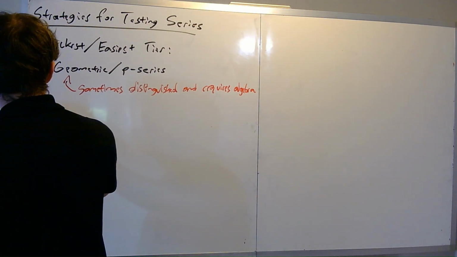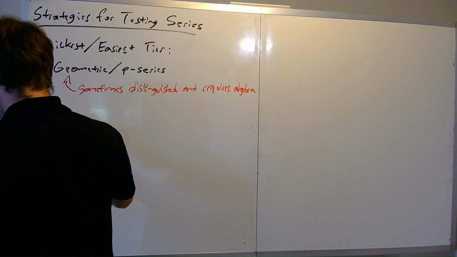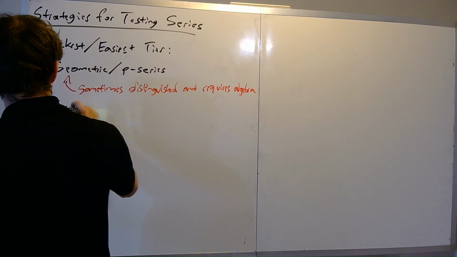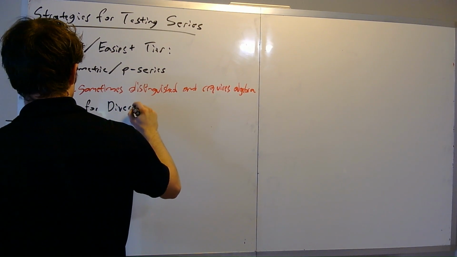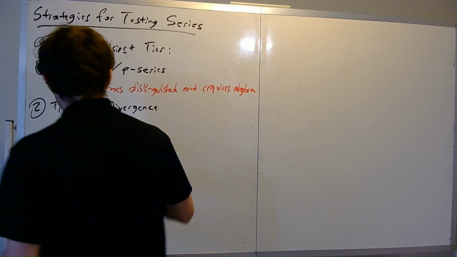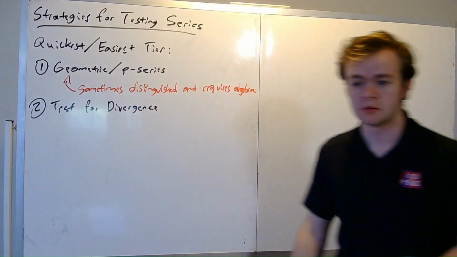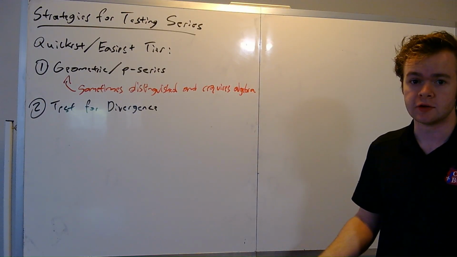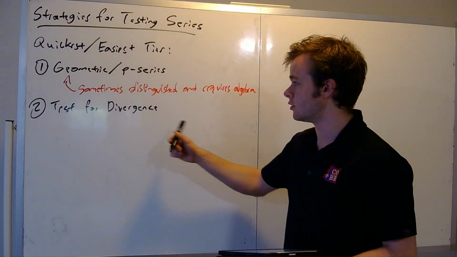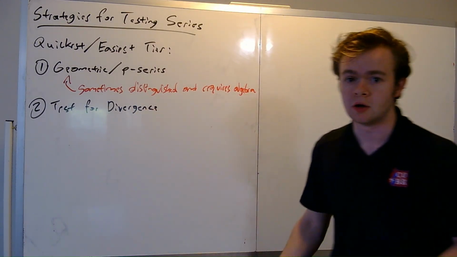All right, so your second easiest tool to use is going to be the test for divergence. And as the name suggests, it can't tell you if something is convergent. But sometimes if it's divergence, then this test will pick it up, right?